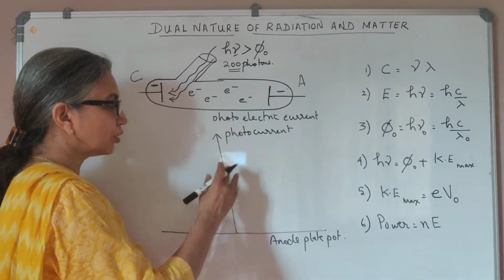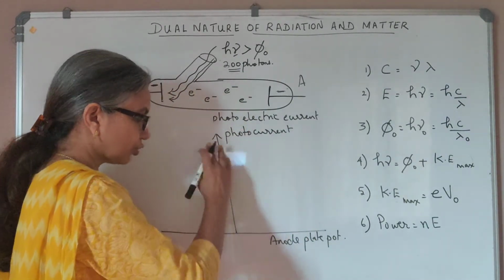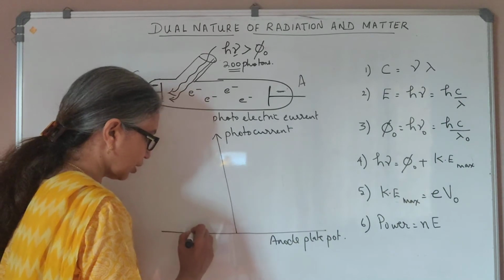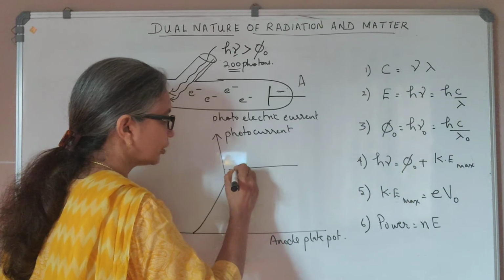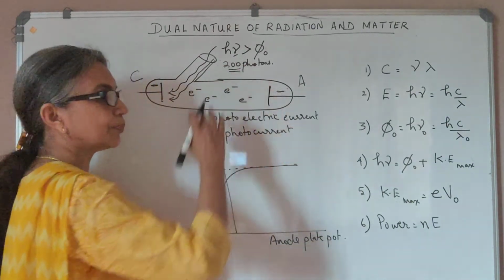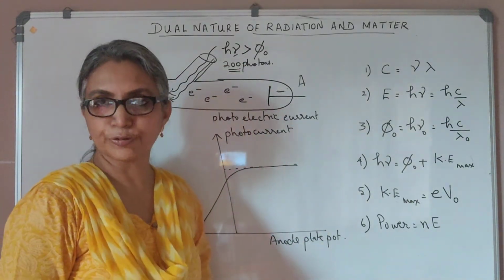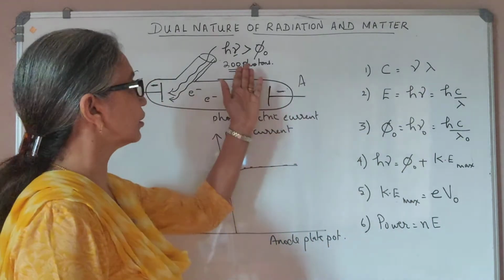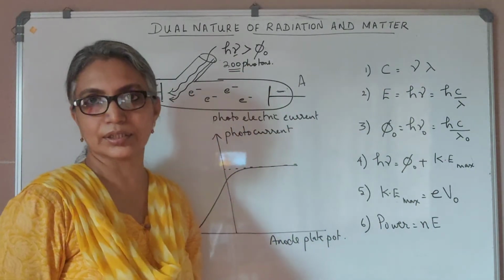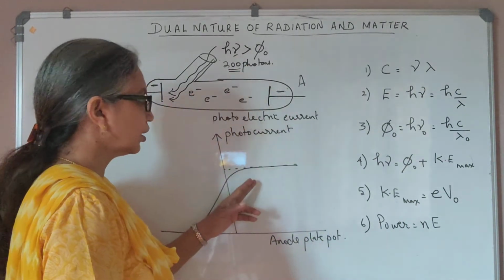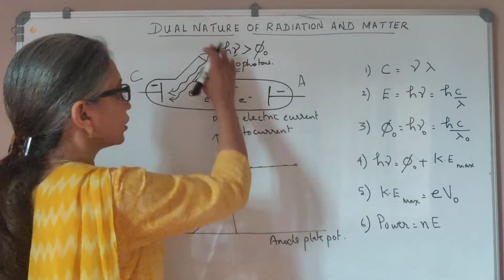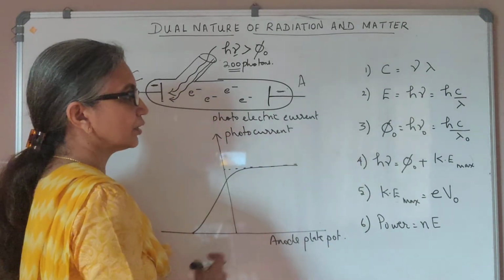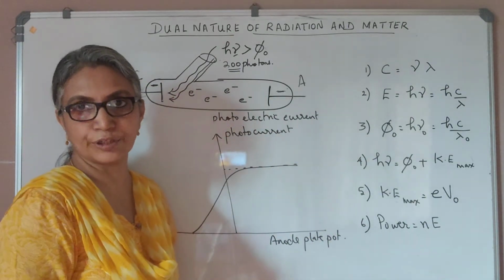We know the graph is going to look like this, where this is called the saturation current, and I told you that the saturation current depends on the number of photons, that is, the intensity of the incident radiation. So here, I'm going to use three different lights of different intensities but same frequency.